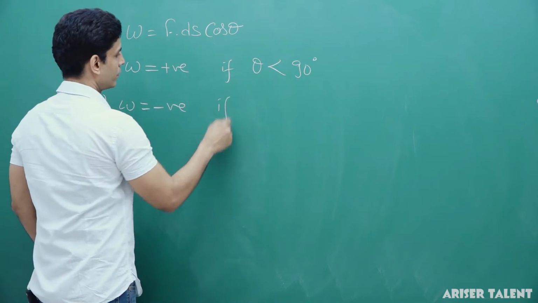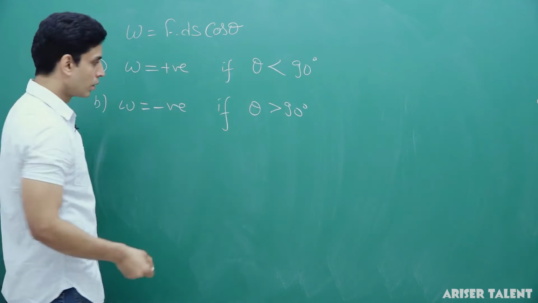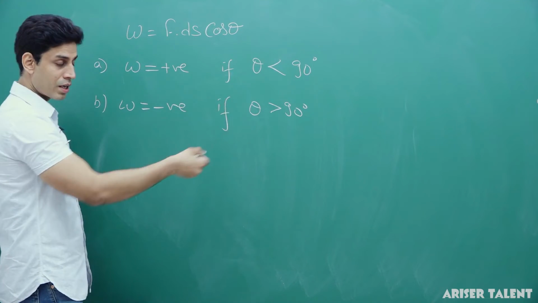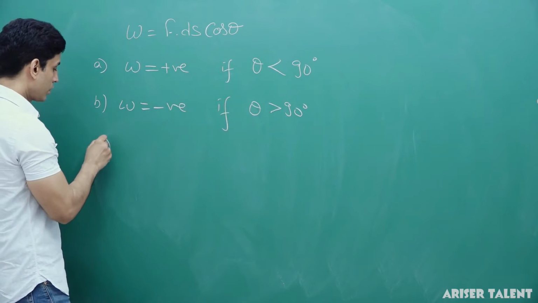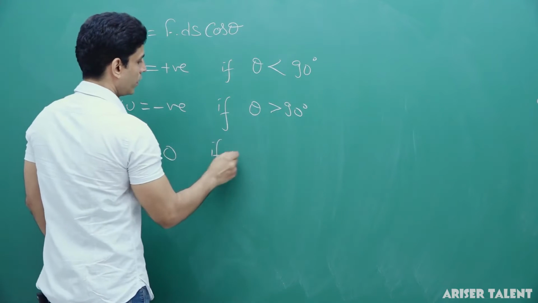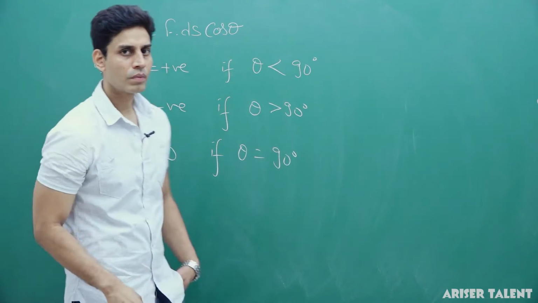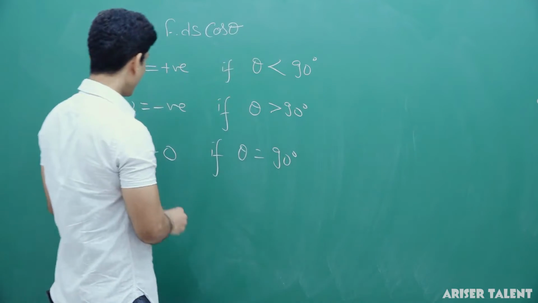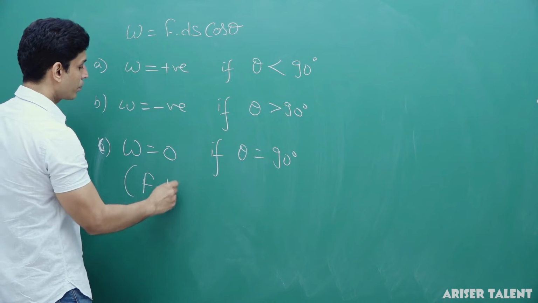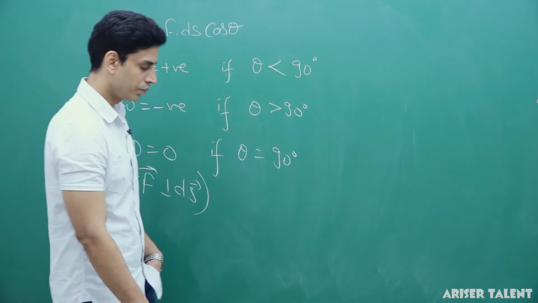Work is negative if theta is greater than 90 degrees. I'll discuss it with an example also. Work is 0 if theta is 90 degrees, because cos 90 is 0. That is, if force is perpendicular to displacement, then work will be 0.